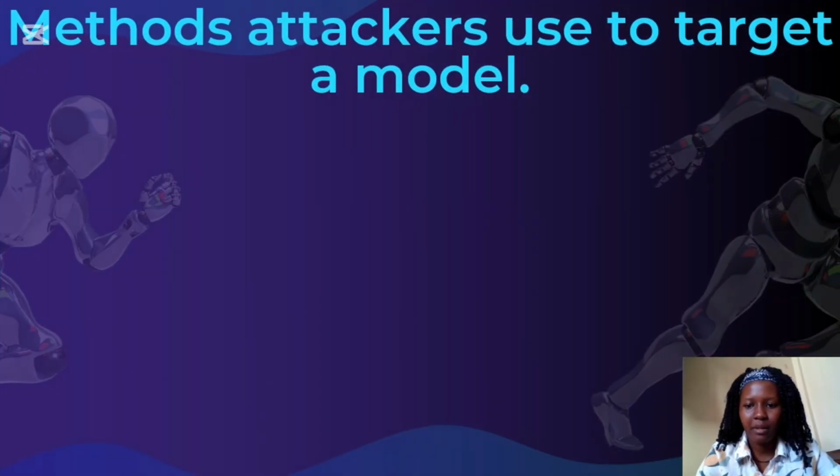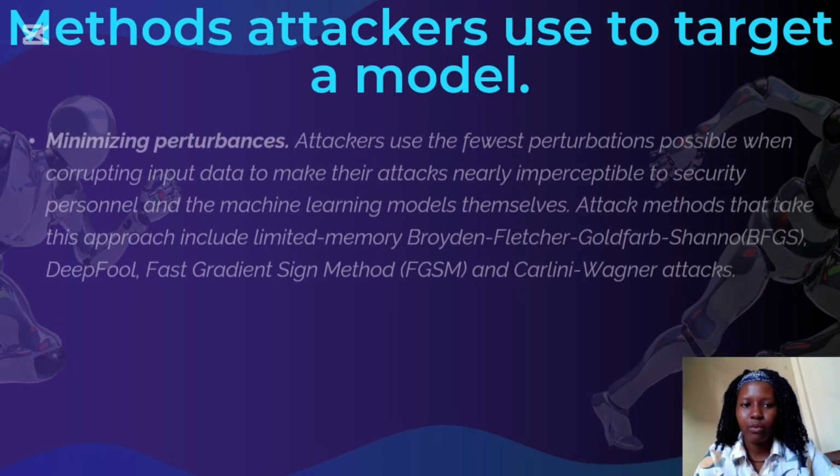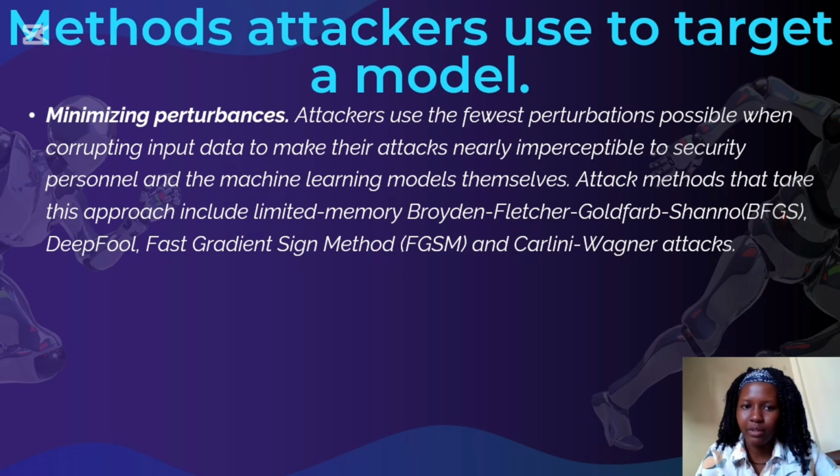Hi there, my name is Catherine, and I'm going to take you through the methods attackers use to target a model. So we are going to look at minimizing perturbations. Attackers use the fewest perturbations possible when corrupting the input data to make their attacks nearly imperceptible to security personnel and to the machine learning models themselves. They take this approach to include limited memory.